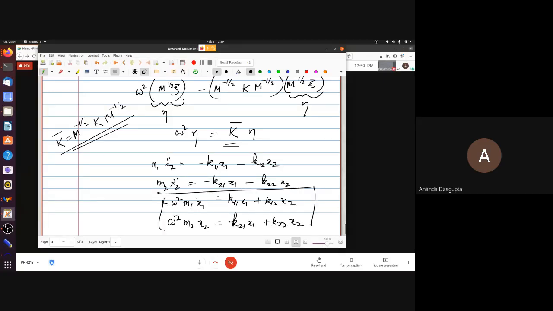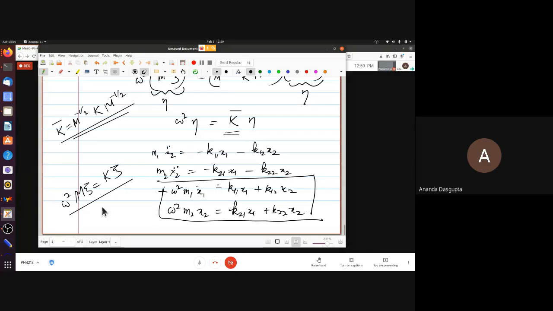So this is the equation which really says omega square m xi equals k xi. That's just this equation written out in full. Now this is not an eigenvalue equation, right?